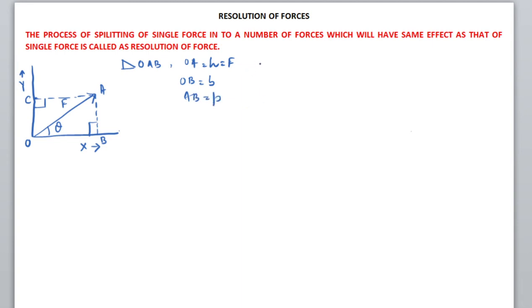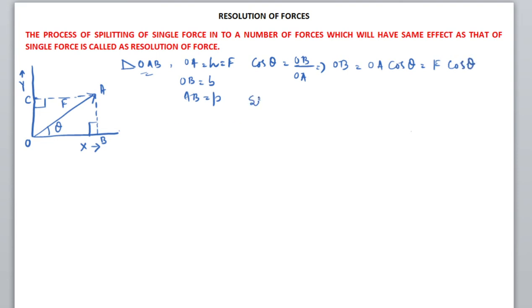So let us consider this triangle. The cos theta will be base by hypotenuse, which is OB by OA. You can easily say that OB will be equal to OA cos theta, which is F cos theta.